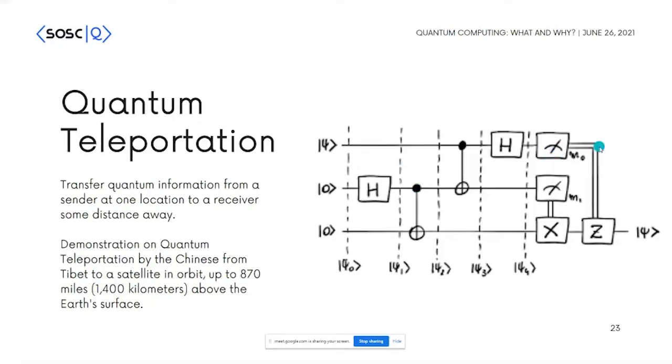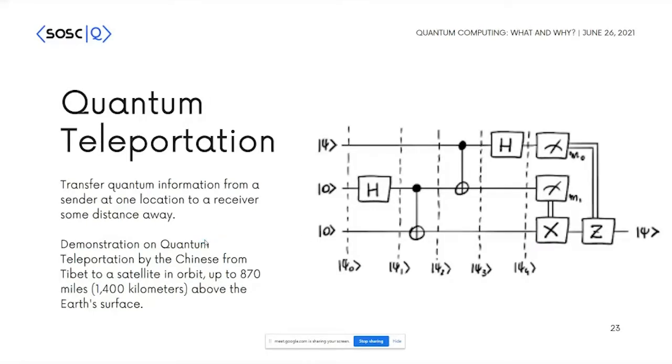Yes, I have to send the measurement results, but they are just 1s and 0s, while the quantum state is a very complex state. So I'm just sending a few binary strings, and I'm getting a complex quantum state in another place in the world, or in this case, in space. And I'm not really transporting a qubit anywhere. This was demonstrated first by the Chinese.